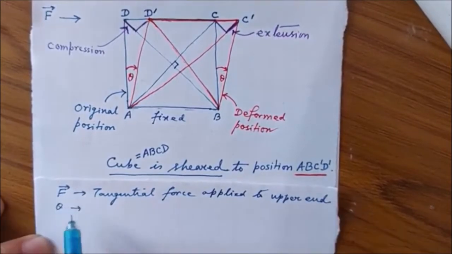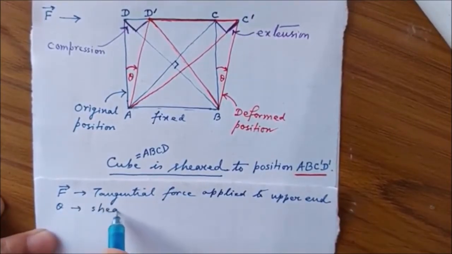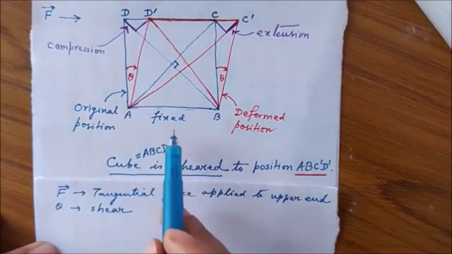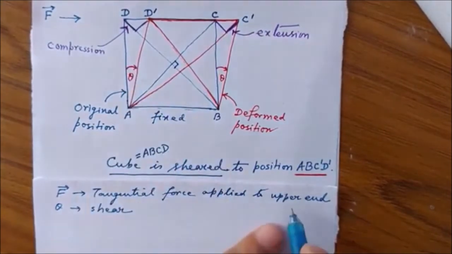Theta is the angle of shear. The lower face AB is fixed and the upper end is DC.